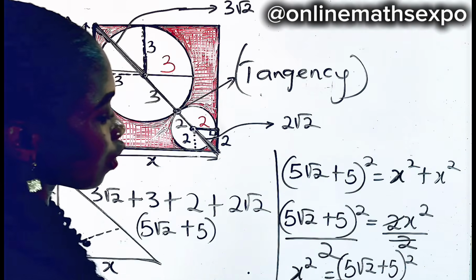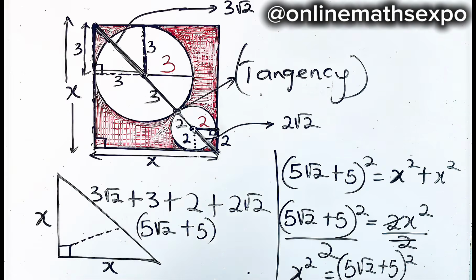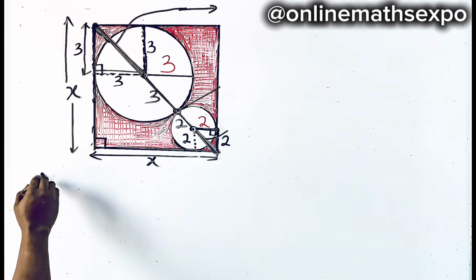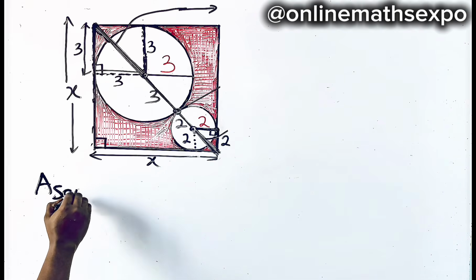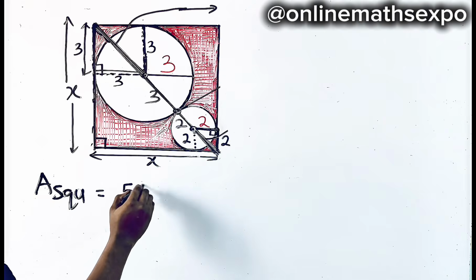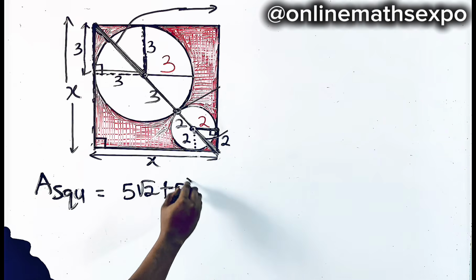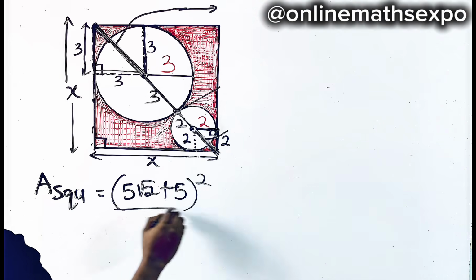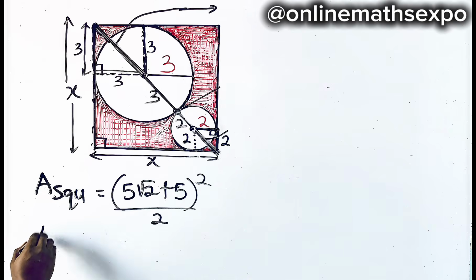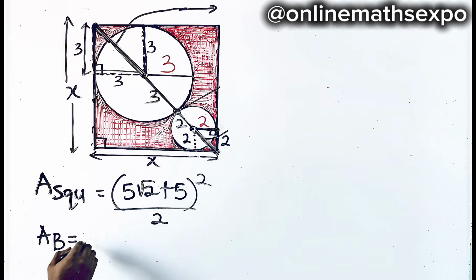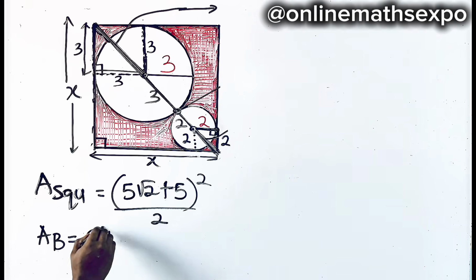Now let's collect all that we have gotten so far together so that we can find the area of the shaded region. So we have area of square is given as 5 root 2 plus 5 all squared, divided by 2. Area of the big circle, we got 9 pi.